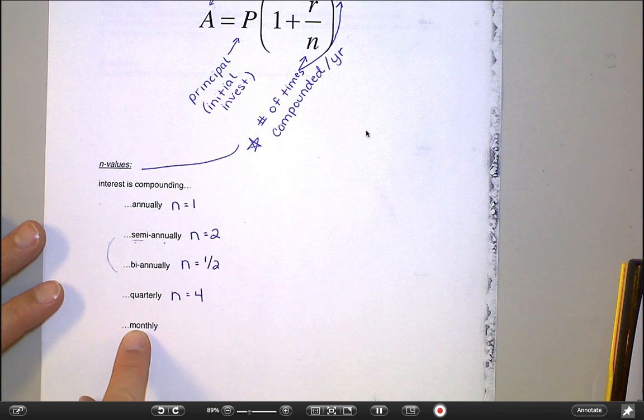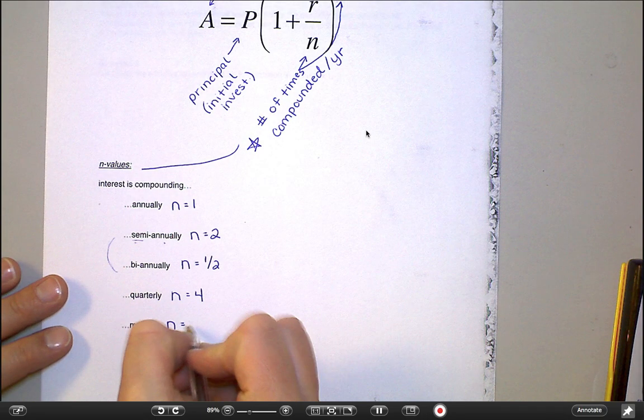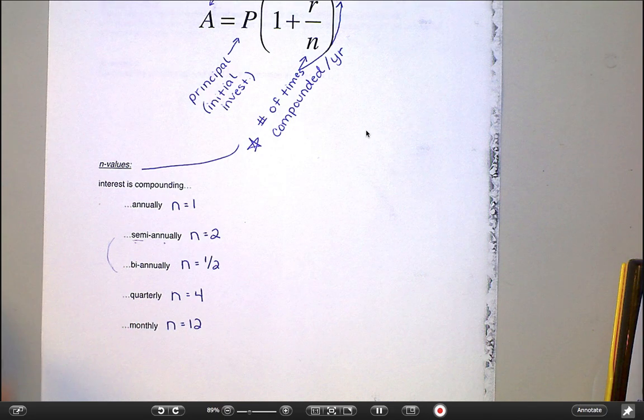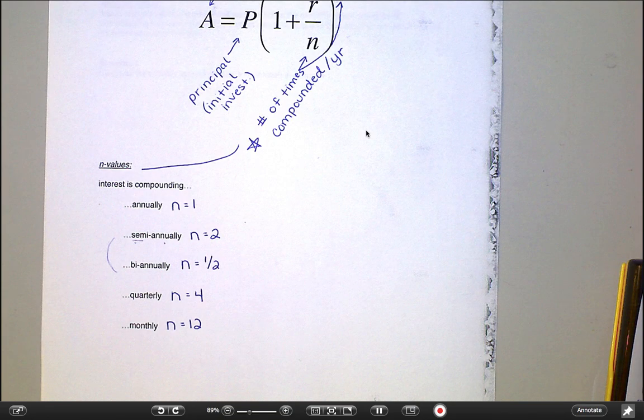Monthly, every month, would be 12 times a year. And then we could get crazy and go with daily. Daily would be 365 times a year. Sometimes it'll just say we're going to compound 6 times per year or something like that. But these are all your N values based on the wording of the problem.